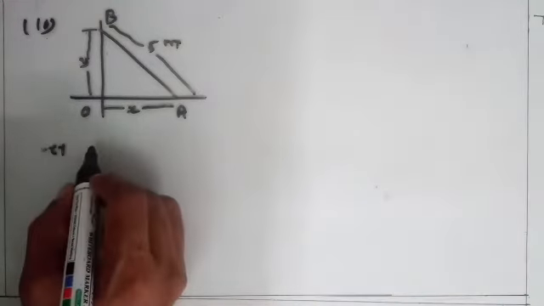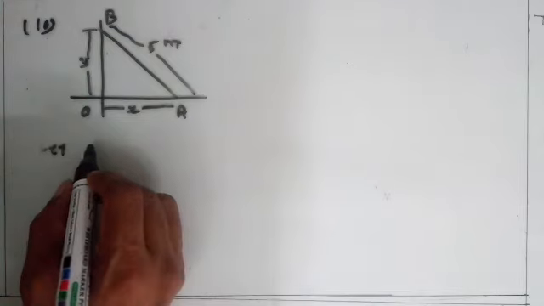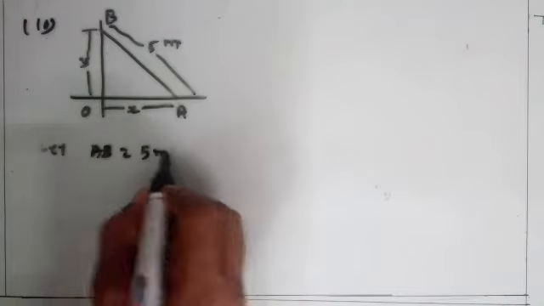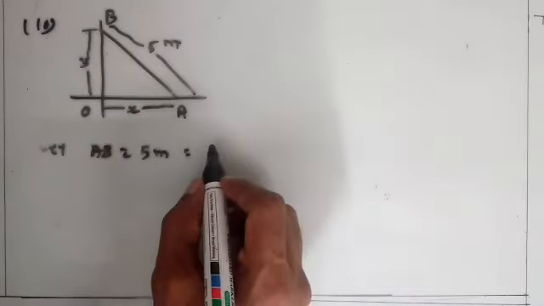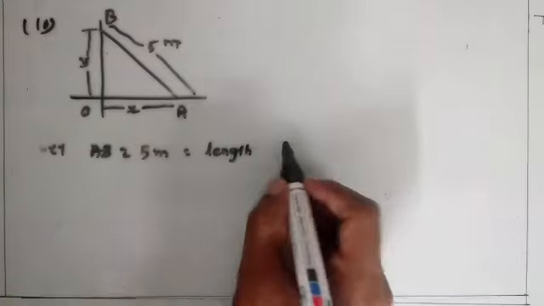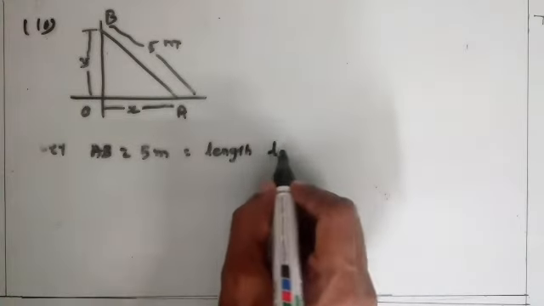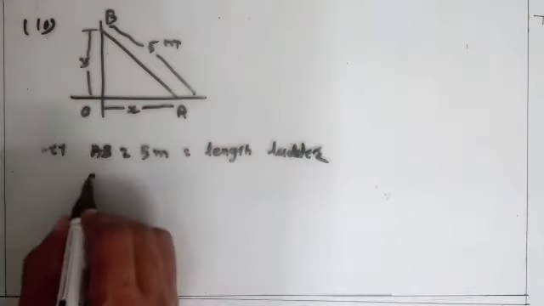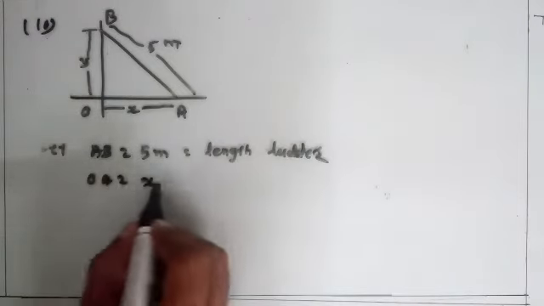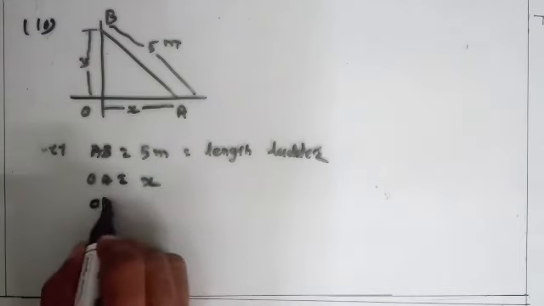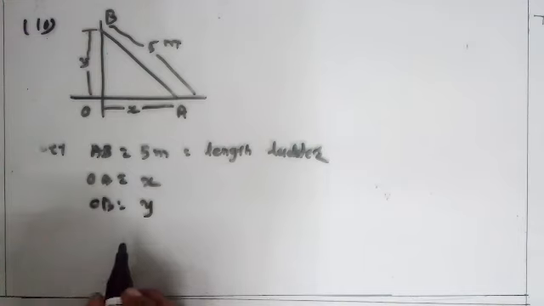Let AB is equal to 5 meters, the length of the ladder. OA is equal to x meters, OB is equal to y meters.